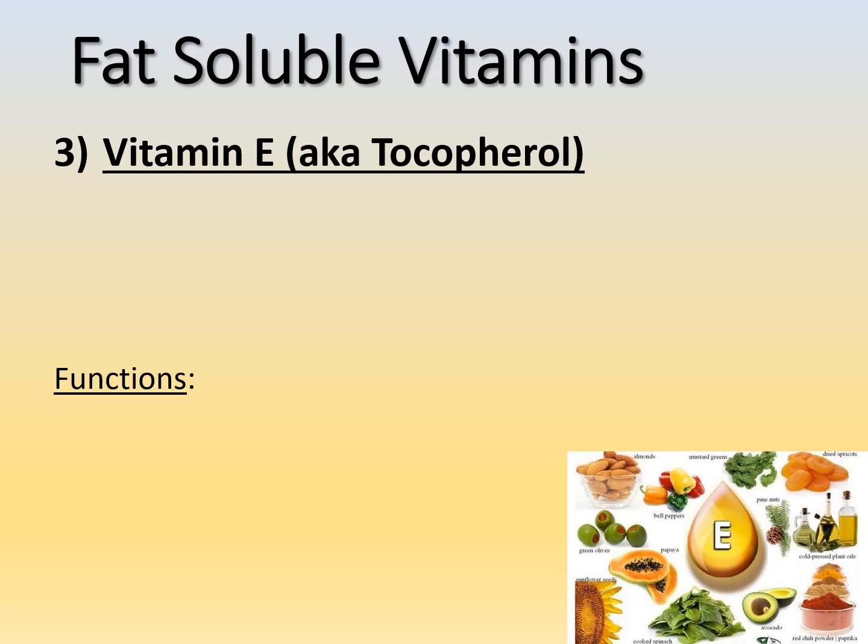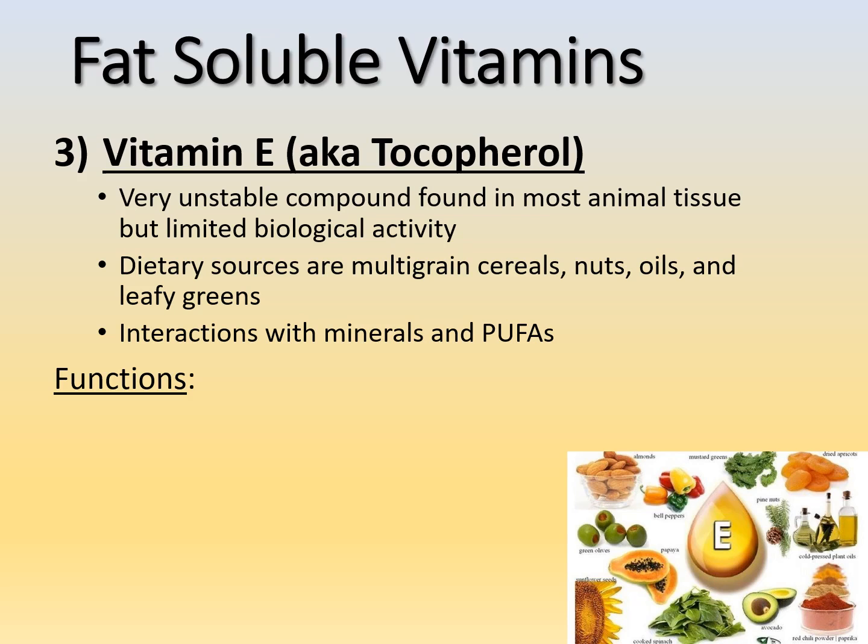So now let's talk a little bit about vitamin E. This is also called tocopherol. All of these vitamins also have another name, right? So I want you to be familiar with both names for these vitamins. And vitamin E is a very unstable compound, and it's actually found in most animal tissue, okay?